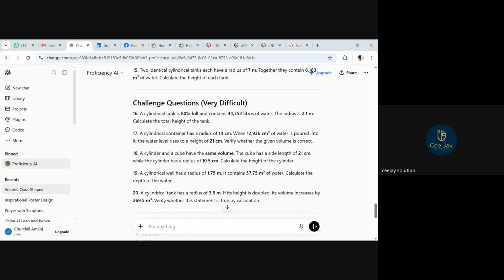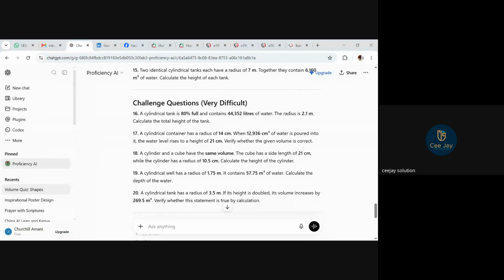When we calculate, 22 times 0.3 times 2.1 will give us 13.86 times h. So 13.86 h equals to 55.44. Dividing 55.44 by 13.86, we get the height to be 4 meters.